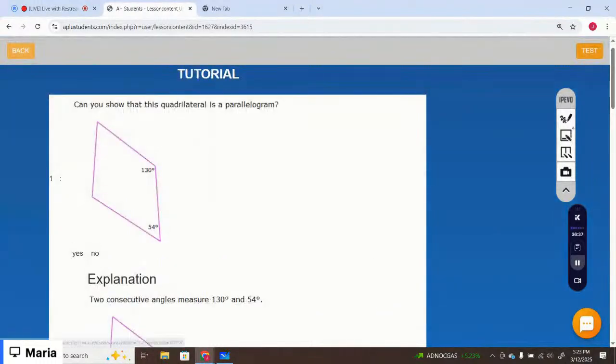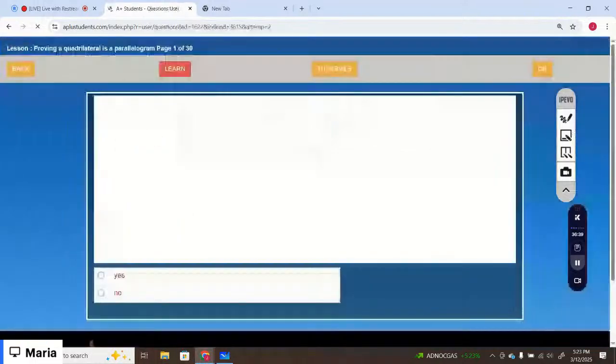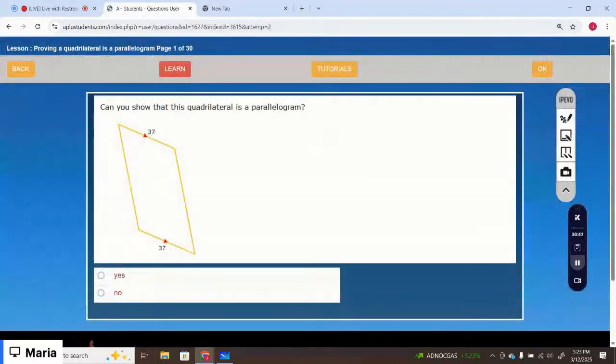Let's start with the test questions. Can you show that the quadrilateral is a parallelogram? Yes, it is a parallelogram because opposite sides are equal in measurement.